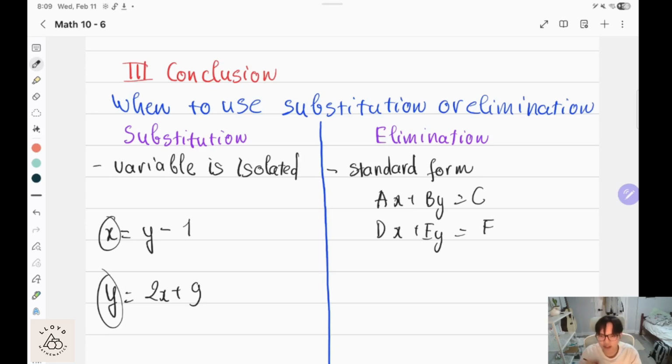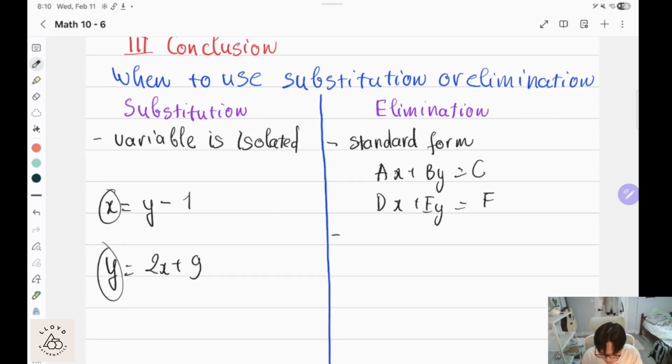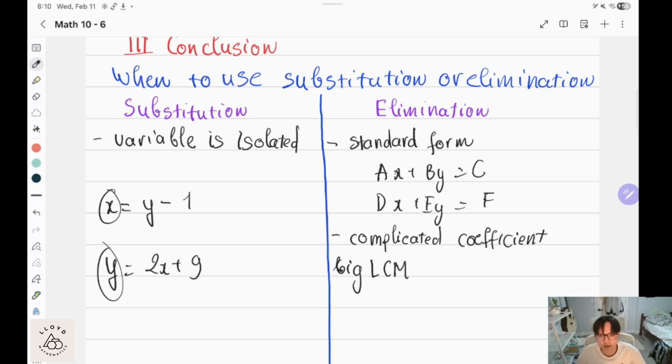In this case elimination can help us in a better way. Another case is complicated coefficients, numbers which are really big, which have a big LCM, right? With this one, using substitution can be really difficult for us.